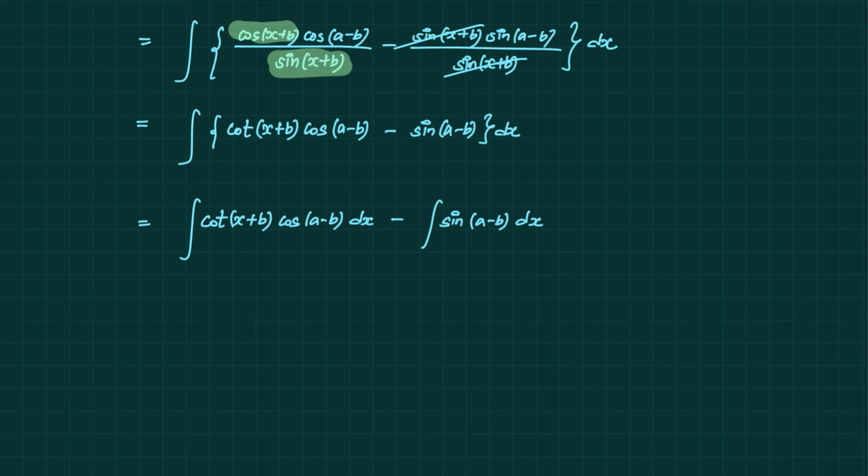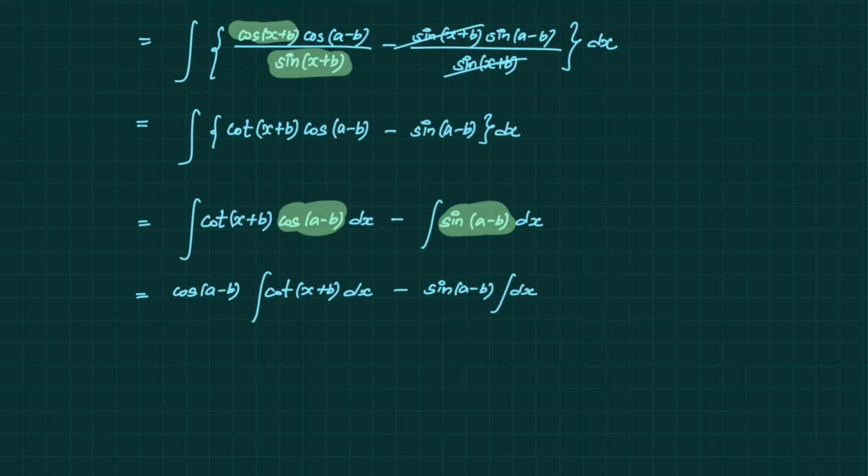As I told you earlier, a minus b are constants, so here cos a minus b and sin a minus b are constants. So let us take them outside the integration, then we will have cos a minus b integration of cot x plus b dx minus, taking sin a minus b outside, we will have integration of dx.